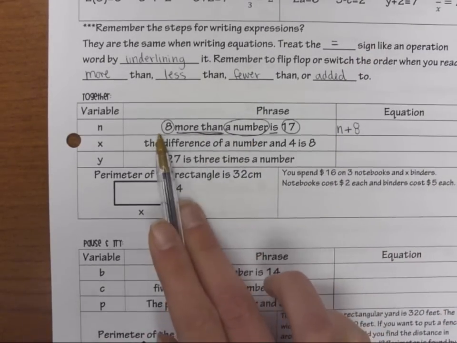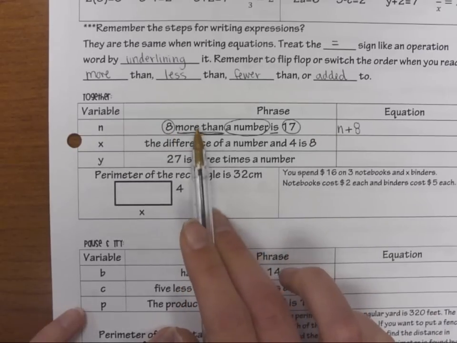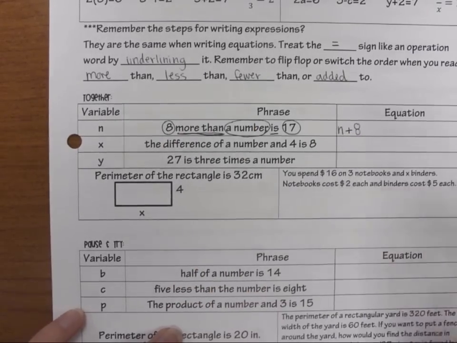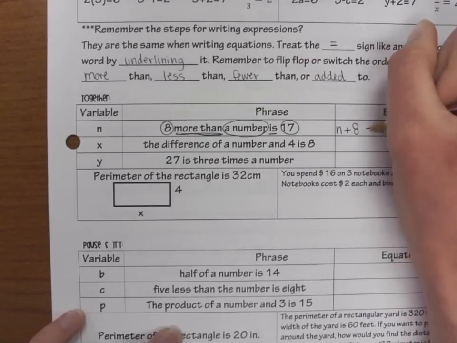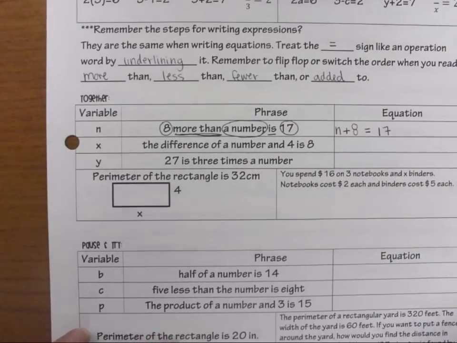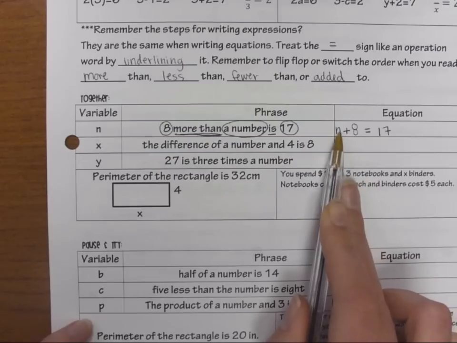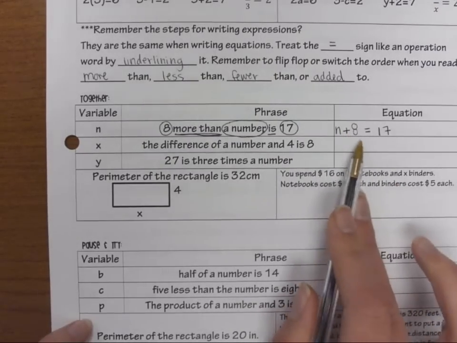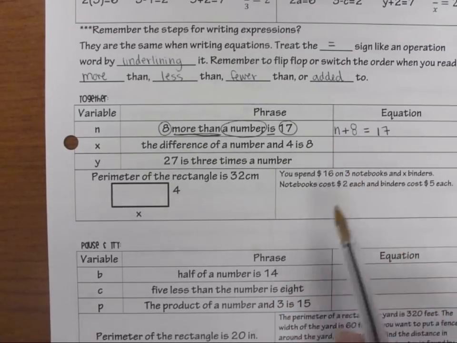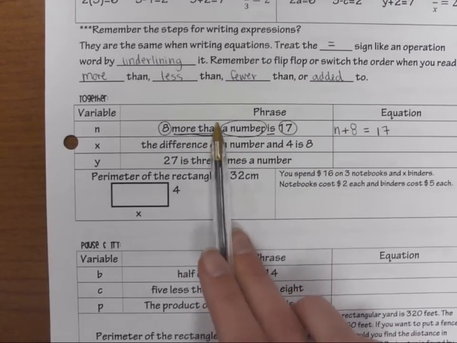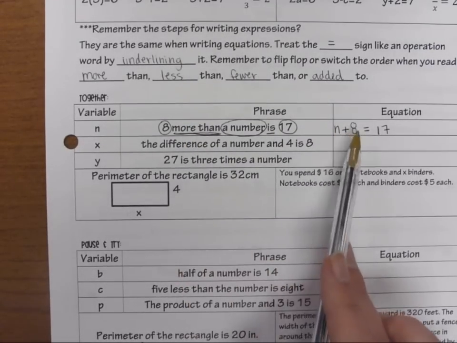N is more than 8, so it's going to be, 8 more than a number, so I've got to do n plus 8. Is, put an equal, and a 17. 8 more than a number is 17 is what this says. And remember, because of the commutative property of addition, it doesn't really matter if we do n plus 8 or 8 plus n, but I would like you to practice these flip-flop words. So go ahead and flip it, okay?